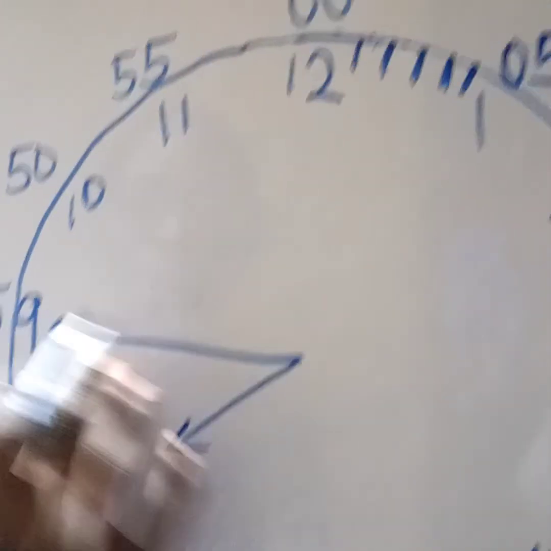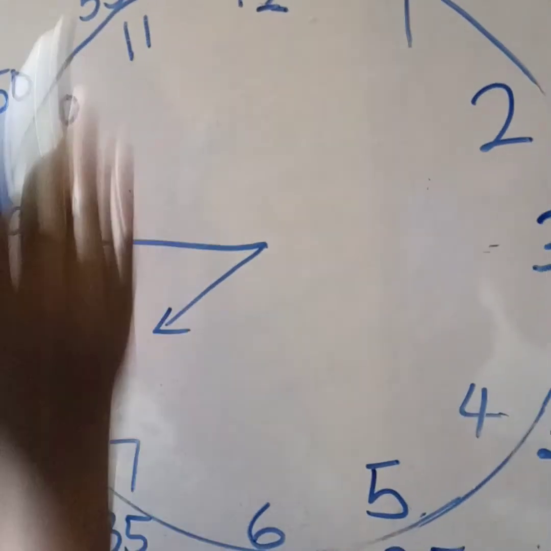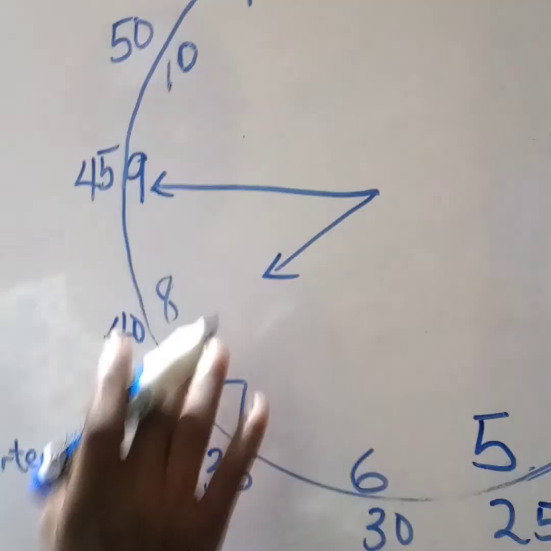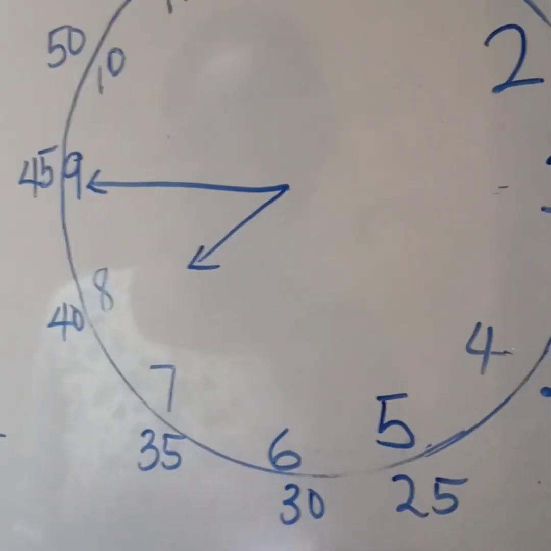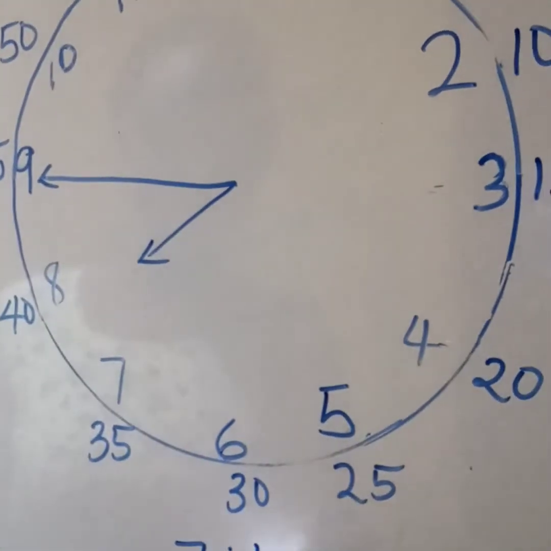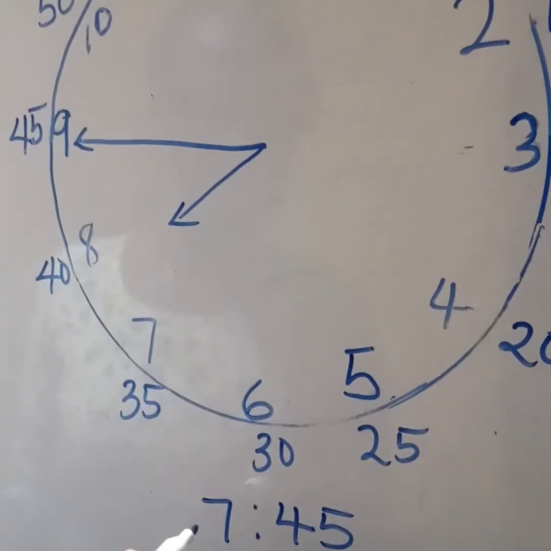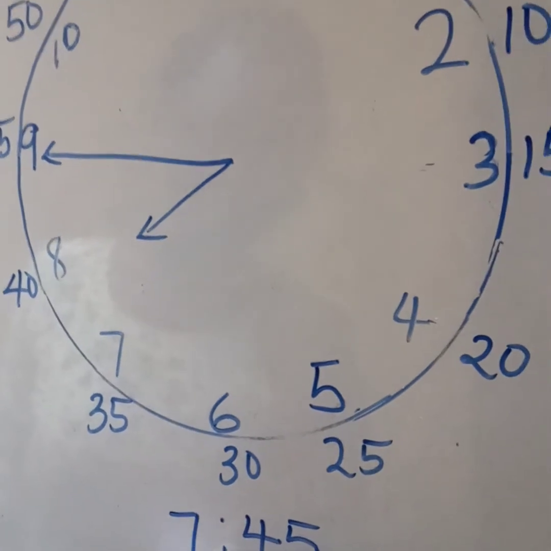So the short hand is in between 7 and 8. When it is to, I told you initially that the smaller number will take it, but in this case, this is going to be what? 7:45. Can you see it? And if it is digital, if it is analog, it's going to be what?